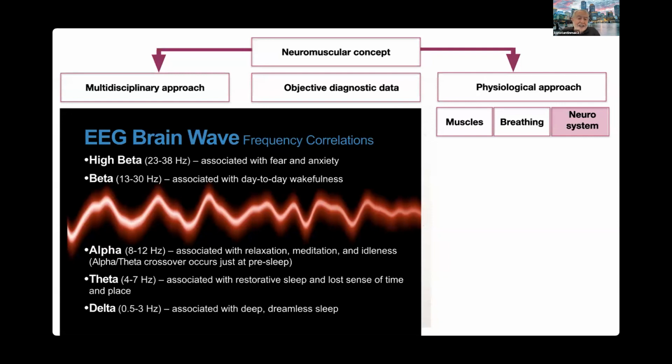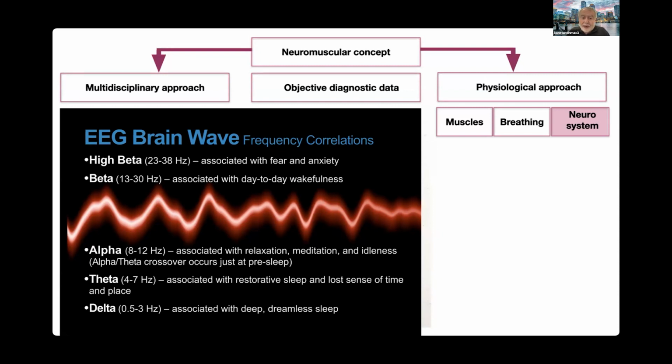For example, relaxation is associated with the alpha frequency of the brain, which is 8 to 12 hertz. But if, despite all efforts to relax the patients, the central nervous system continues to work with a high frequency, like beta or high beta frequency, then it will be very difficult to achieve the relaxation stage of the muscles.